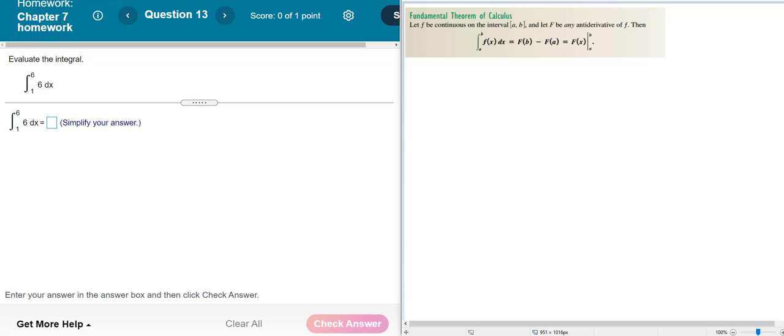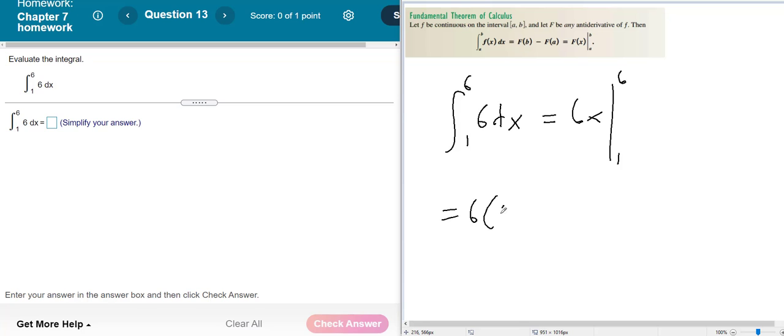So for our first example, the integral from 1 to 6 of 6 dx is going to be 6x evaluated from 1 to 6, but we go 6 times 6 minus 6 times 1.